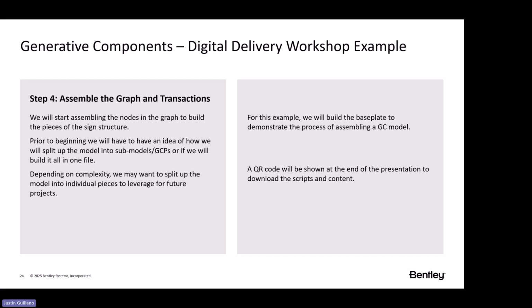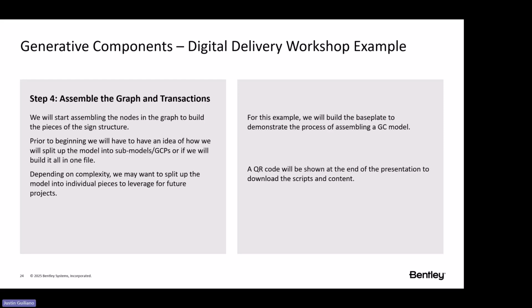All right, so here's where we're going to get into actually building it, and I'll show some screenshots here of how this stuff works. We're going to assemble the graph now, now that we have an idea of how we want to build this. We're going to look at the base plate, which is just a smaller element, but it covers a lot of the nodes that we're going to be using for basically every part of this sign structure.